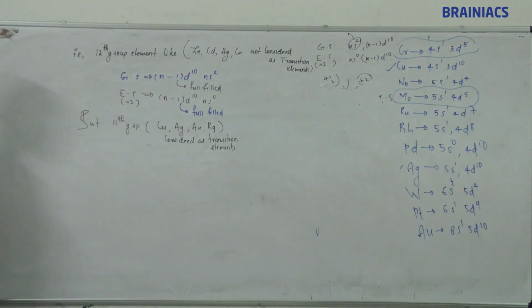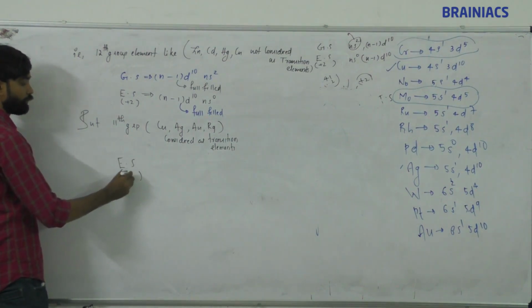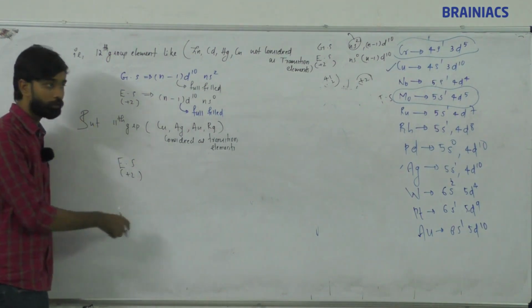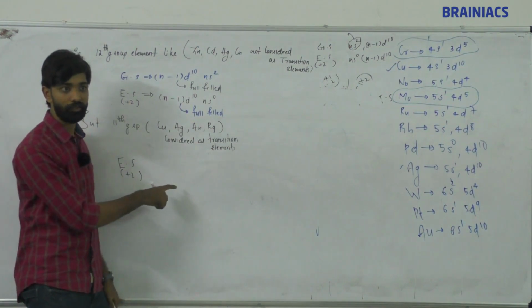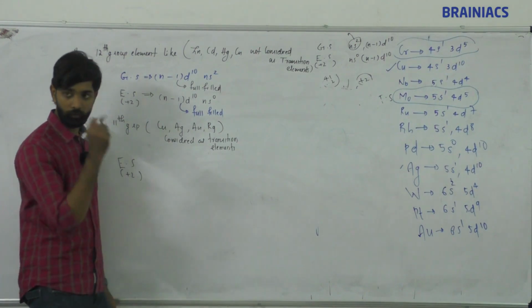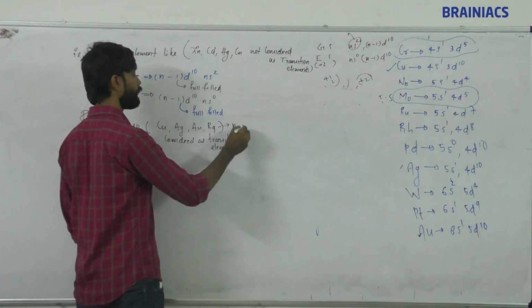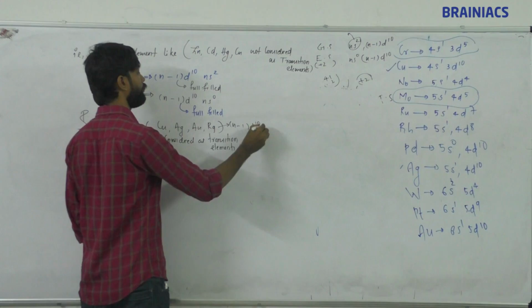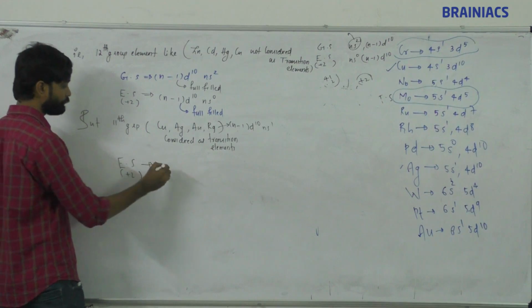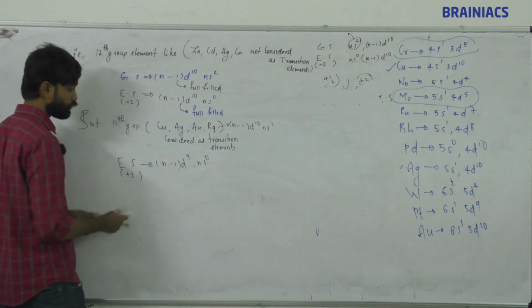Reason? What is their general electronic configuration? (n-1)d10 ns1. So if they are in the +2 state, it means (n-1)d9 ns0.